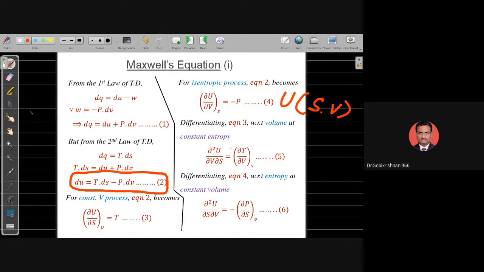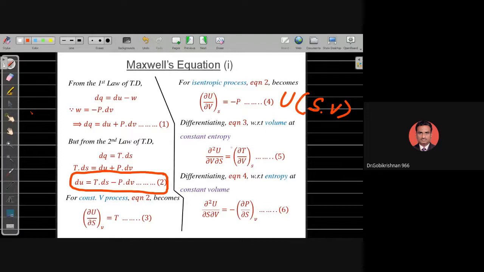State function means what? U is a function of 2 different variables, S and V. Then this U can be differentiated in 2 ways. One is differentiating the internal energy with respect to volume first, then entropy second.